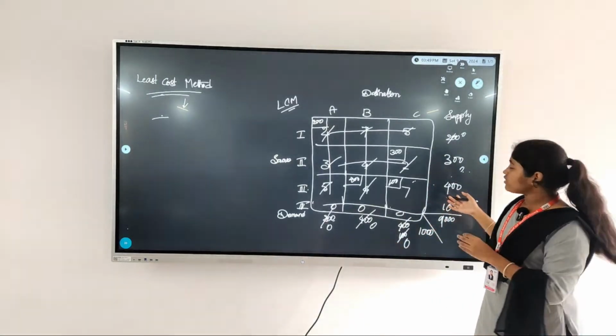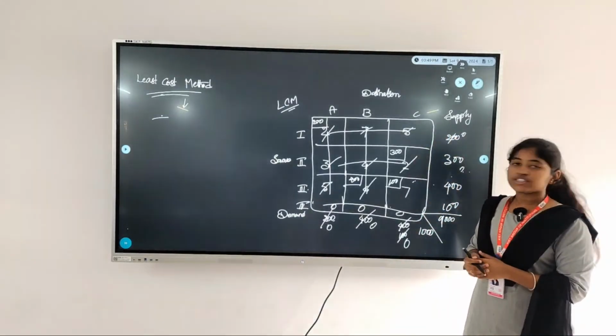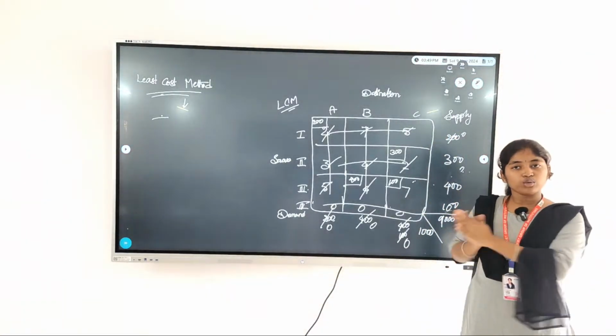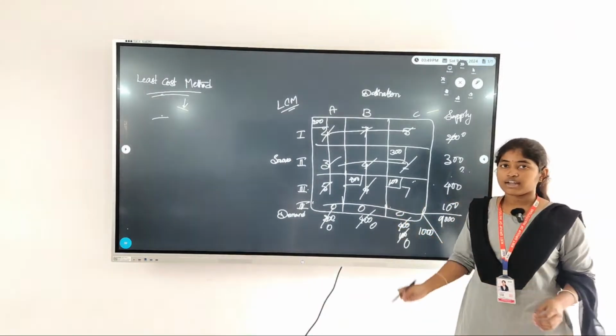By doing this, it becomes a balanced problem, and we solve it the same way as the balanced one. And this is the topic.